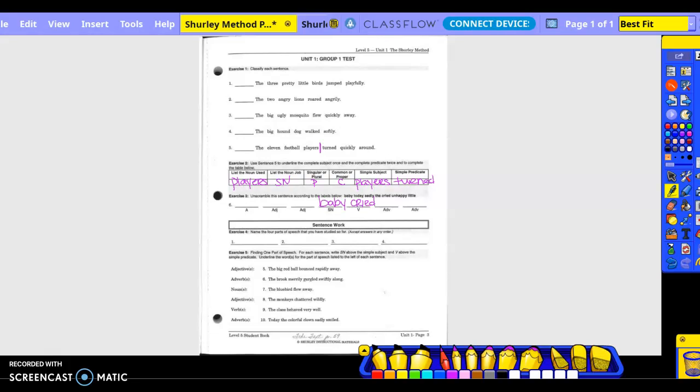What would be an adverb that could describe cried? Today, because it says when, right? Today says when. So which one would go better first, sadly or today? Sadly would go better here, and today would go better here.